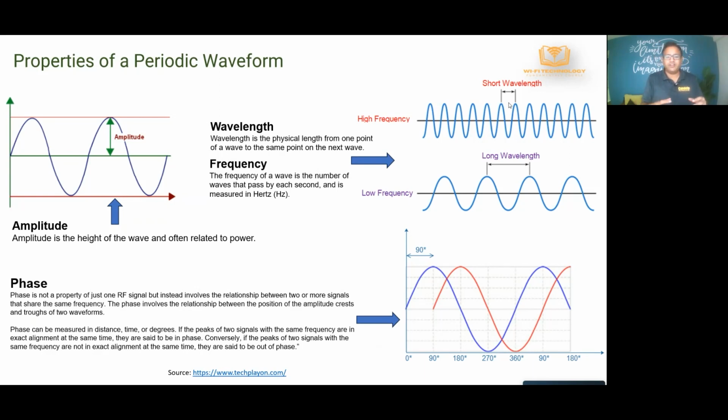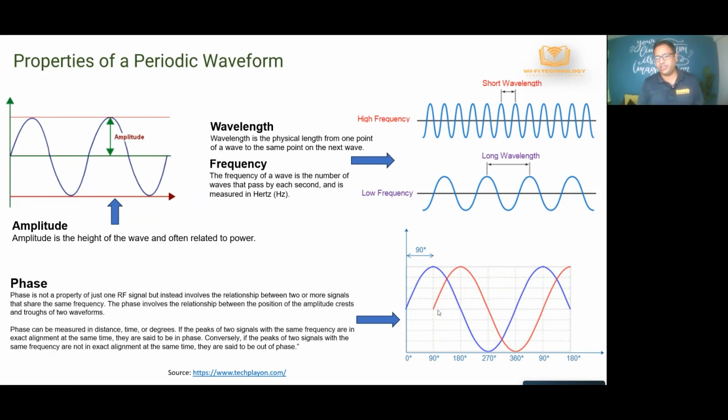For example, if you see waveform 1, which is in blue color, and it's being transmitted like this, and then the second waveform is shifted by 90 degrees, then there is a phase shift of 90 degrees between this waveform and the second waveform. That's called phase shift. So you can shift the phase of one wave with respect to the other, and that's how the phase part works.